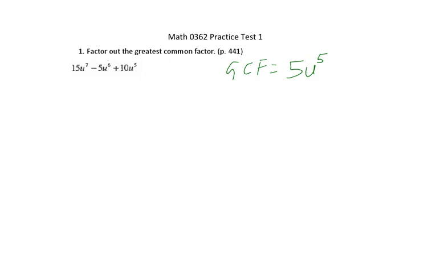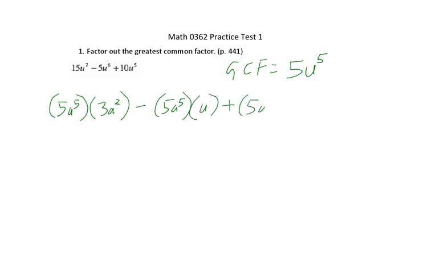What this means is I can rewrite this as 5u^5 times 3u^2, then minus 5u^5 times u, plus 5u^5 times 2.